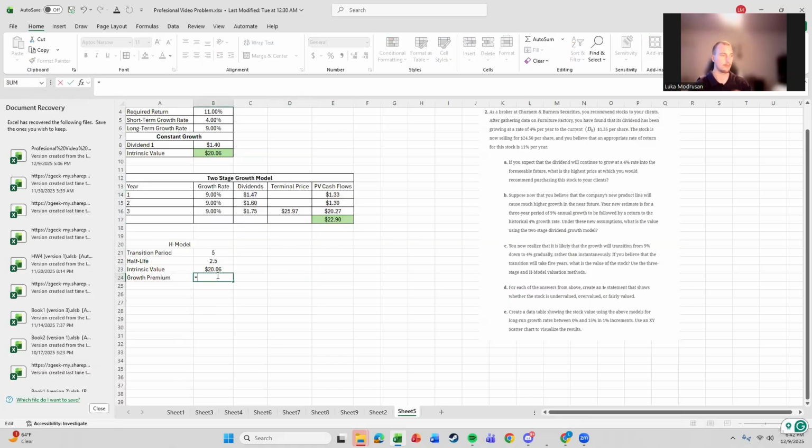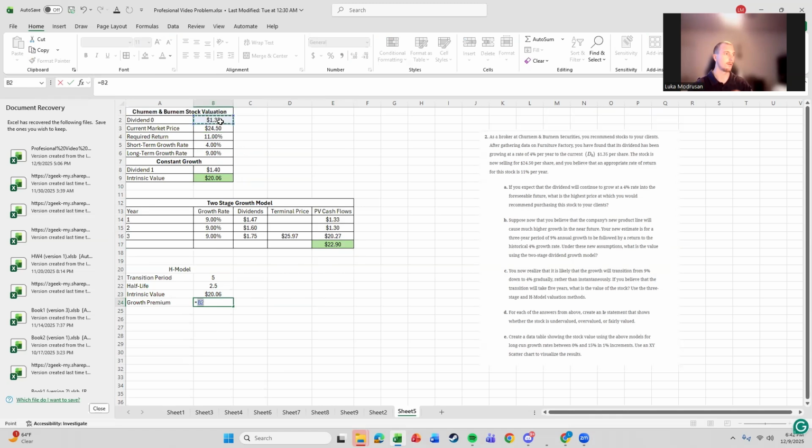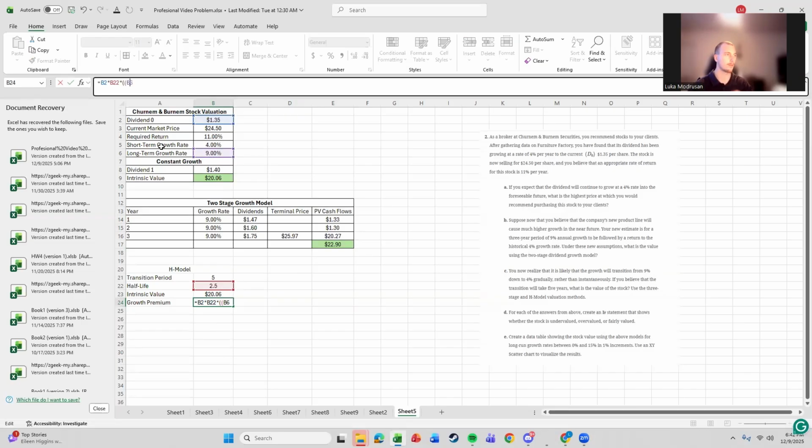So then the growth premium is going to be this times the half-life times long-term, extra parenthesis on accident, minus the short term, and that's going to be divided by the required return minus the short term.